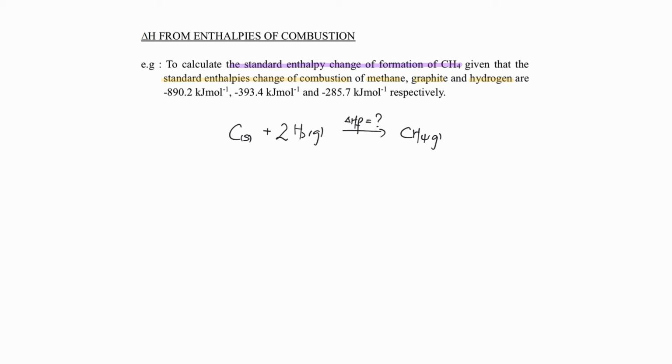For the enthalpy change of combustion, the definition is that 1 mole of compound is burned completely in excess oxygen. Therefore, methane is the reactant in the combustion, where the arrow points from methane with excess oxygen to produce carbon dioxide gas and H2O liquid.